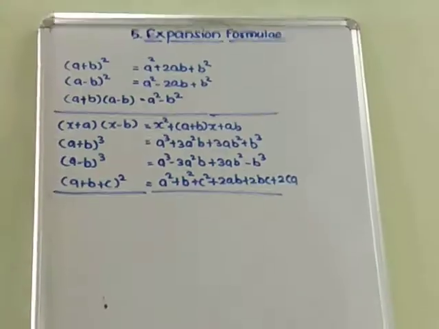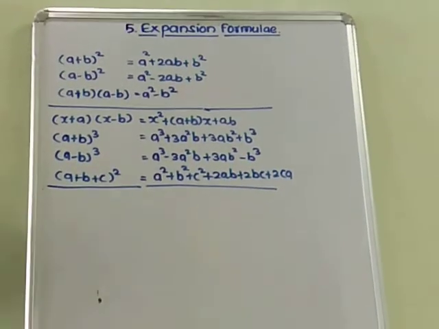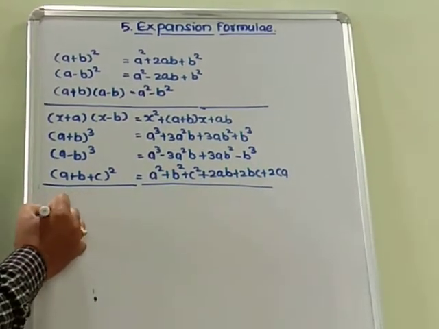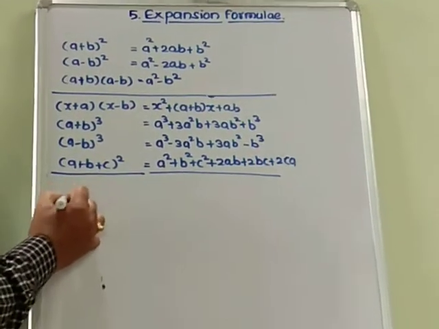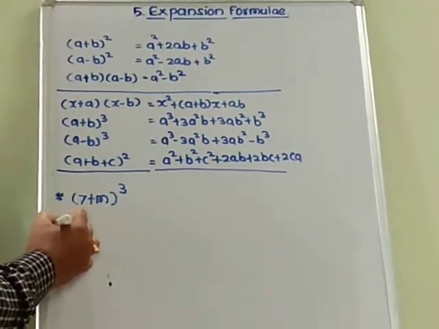Second formula, that is a plus b bracket cube. In a similar manner we solve. First example, 7 plus m bracket cube. What is the expansion?